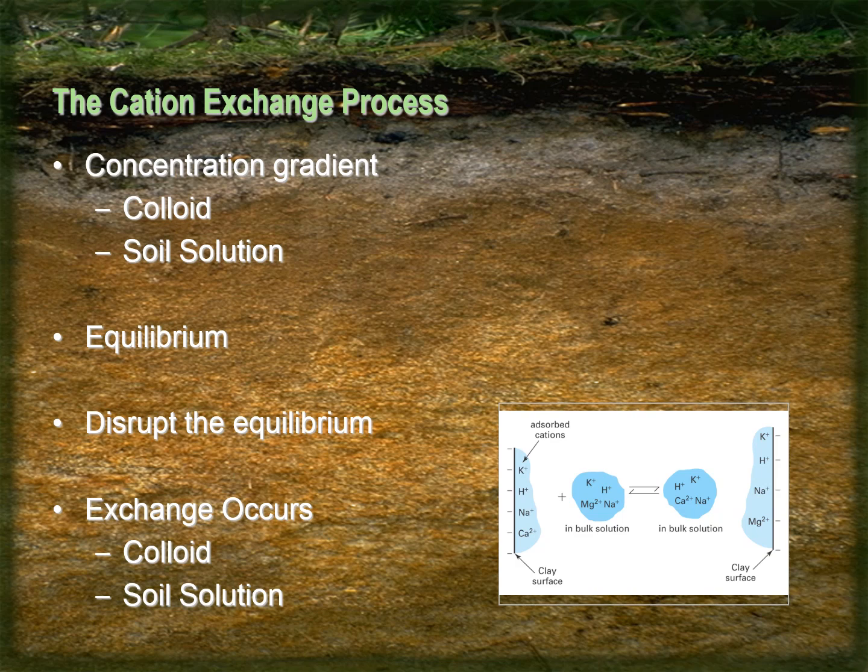If this happens, it disrupts the equilibrium, but it usually doesn't happen. And so remember that the exchange occurs on the soil colloid, and the soil solution provides replacement for those cations that are pulled up from the soil colloid surface.